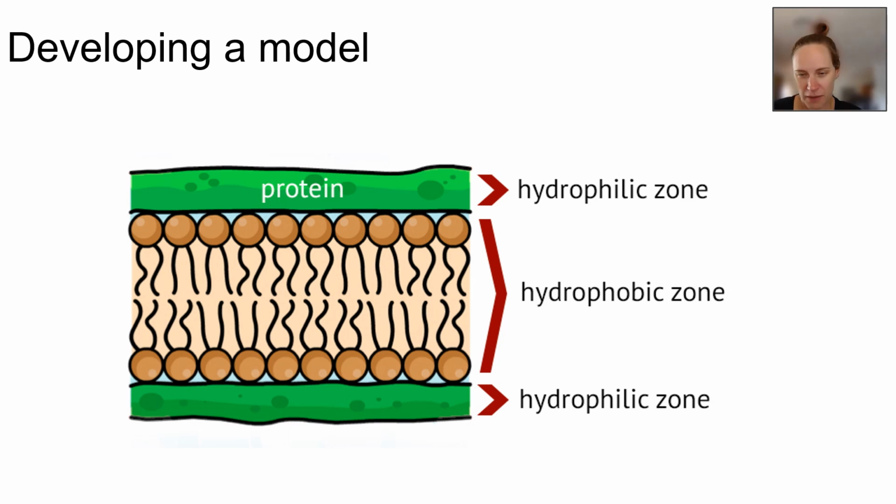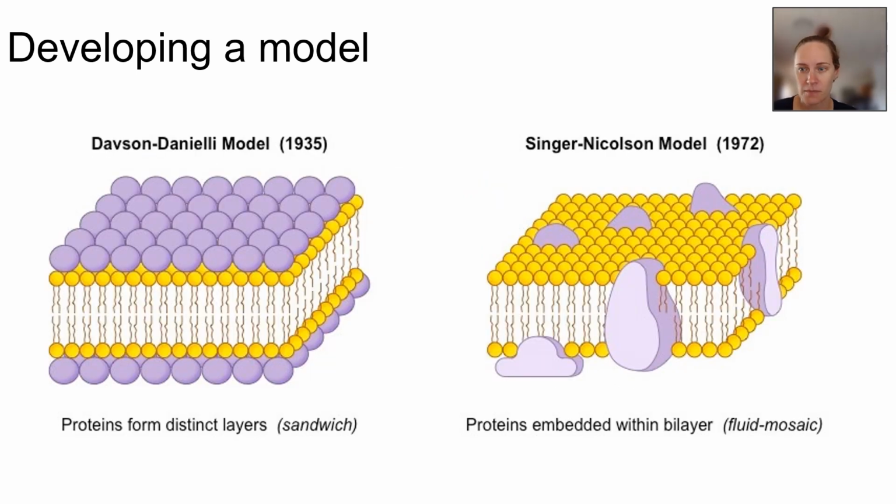There are quite a few problems with it, not least of them being that they had no idea how certain molecules would move in and out of the cell in this kind of sandwich-like fortress. So after some playing around, this model was basically debunked, and Singer and Nicolson emerged in 1972 with the most likely model. This model showed a bilayer of phospholipids with proteins embedded in the bilayer.